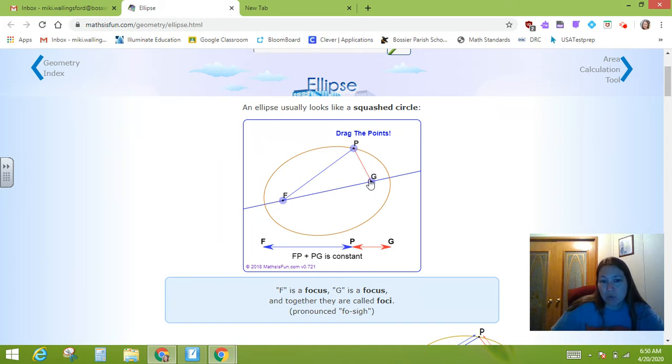There are these 2 focal points, or 2 foci, a focus, another focus, where if you take the distance from one of them to the edge and the distance from the other one to the edge, and add those 2 numbers together, it's constant all the way around. As I move this, if you look down here from F to G, if I take FP plus PG, this distance plus this distance, y'all should be able to tell that this is blue and this is red, then the total distance never changes.